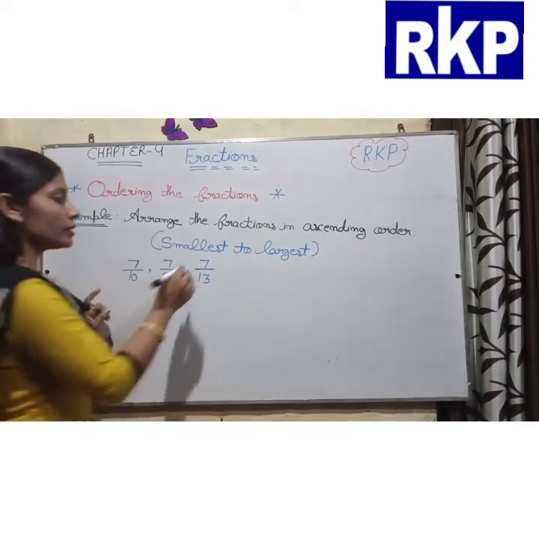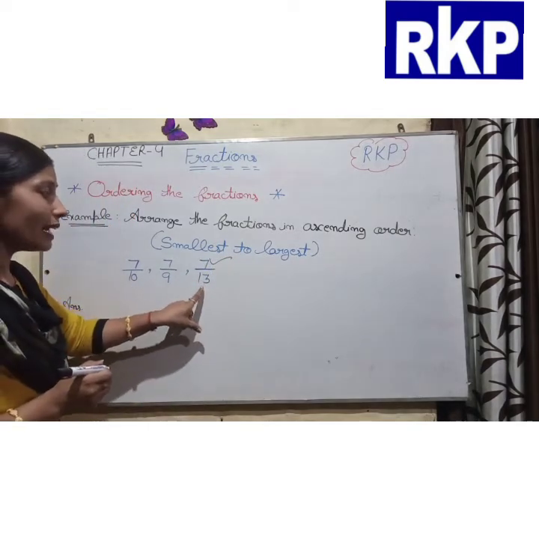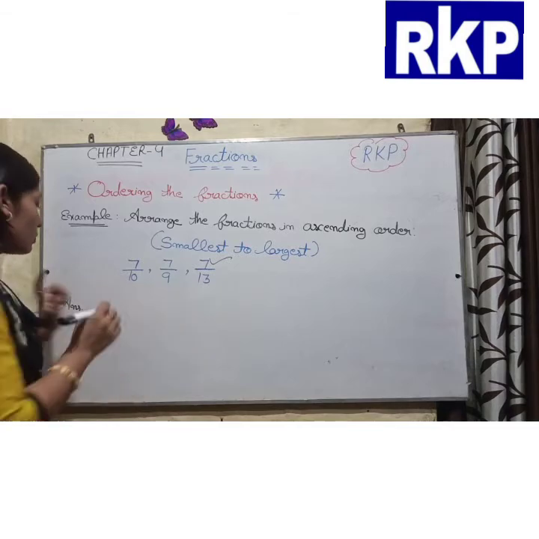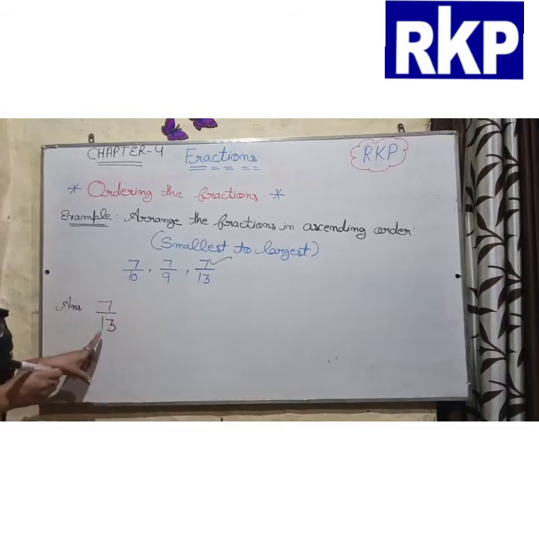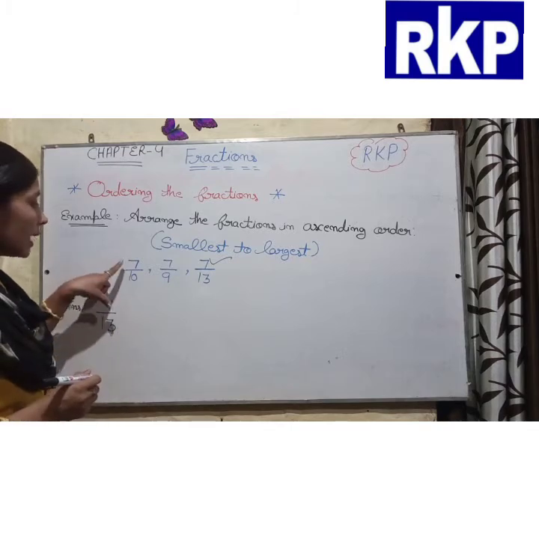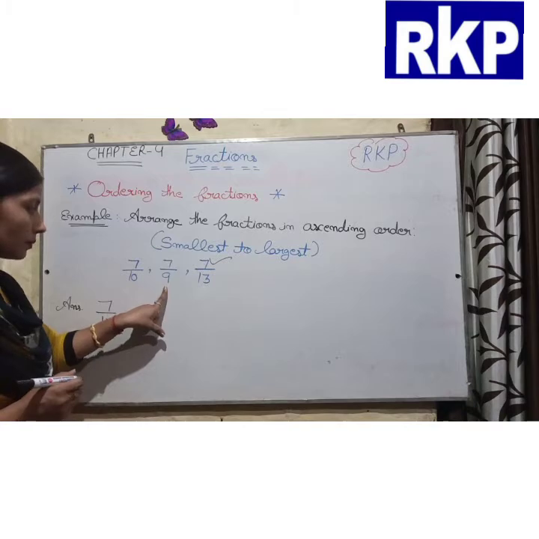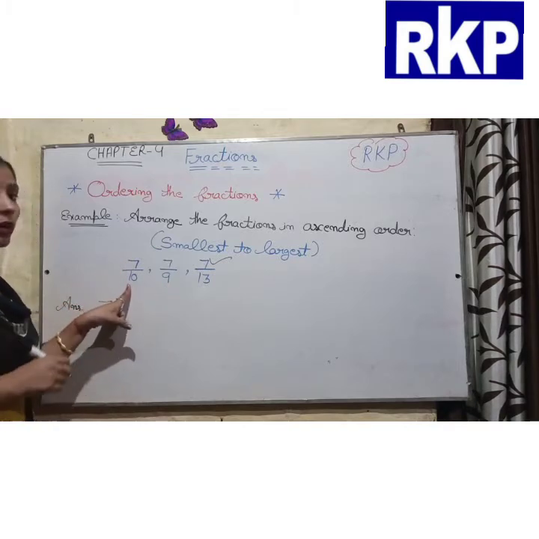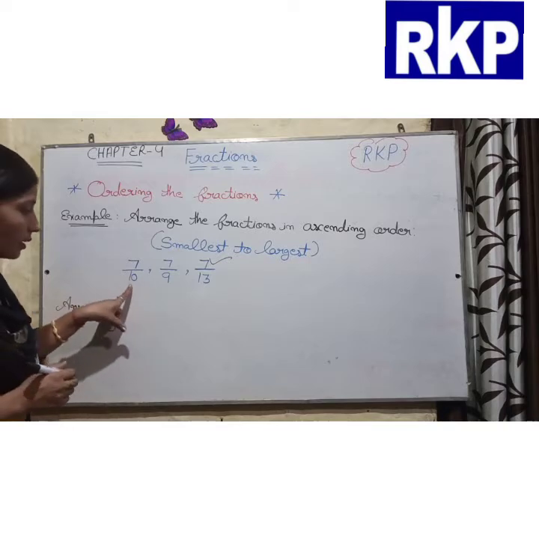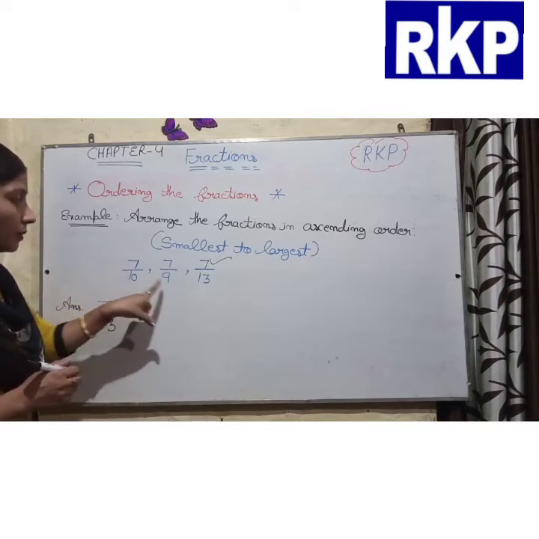So 7 by 13 will be the smallest fraction. So write here 7 by 13. Now between 7 by 10 and 7 by 9, 7 by 10 is smaller because here the denominator is greater.